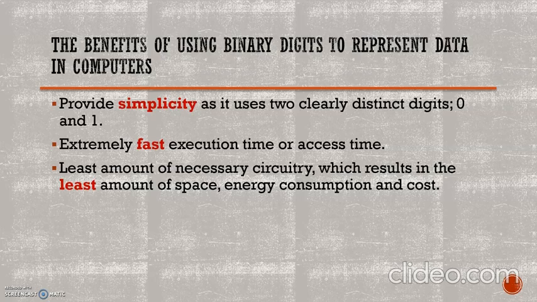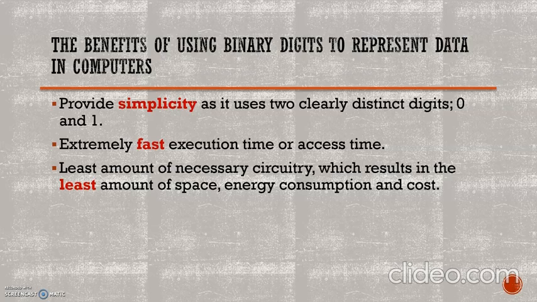To explain this, for binary digits, as we have seen earlier, binary digits are the most suitable system to represent data in computer because it has two distinct digits. It has only 0 and 1, which matches the states in computer, the states of on and off.